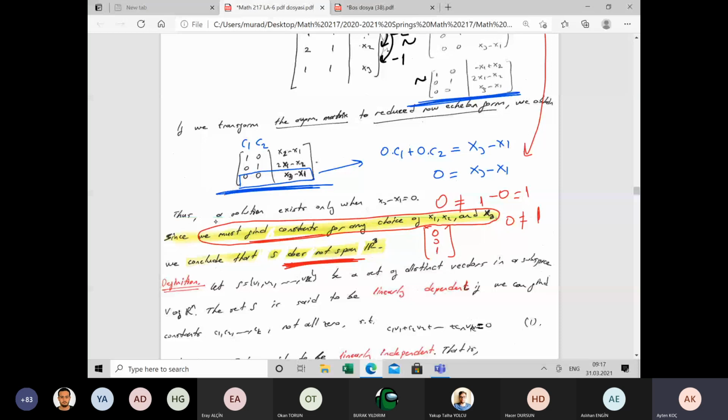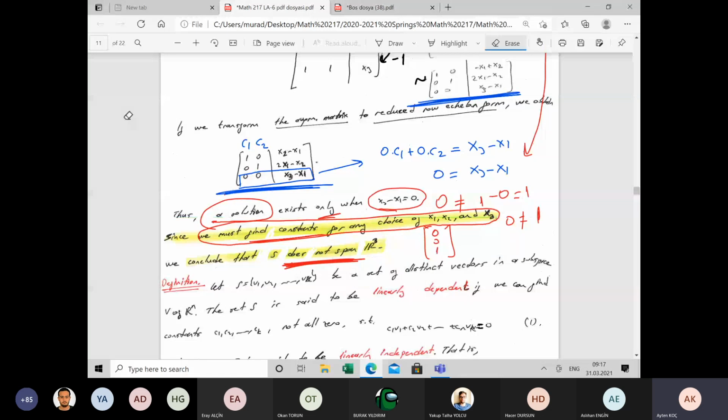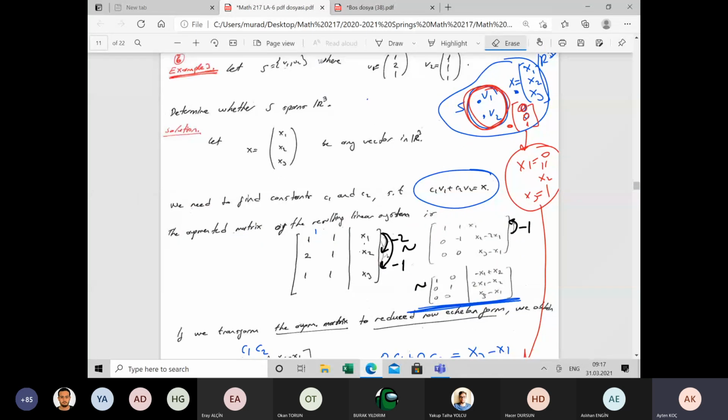For example, how to check that? Take the space R cube, and V1, V2, our set S. Take this one, 0, 0, 1.